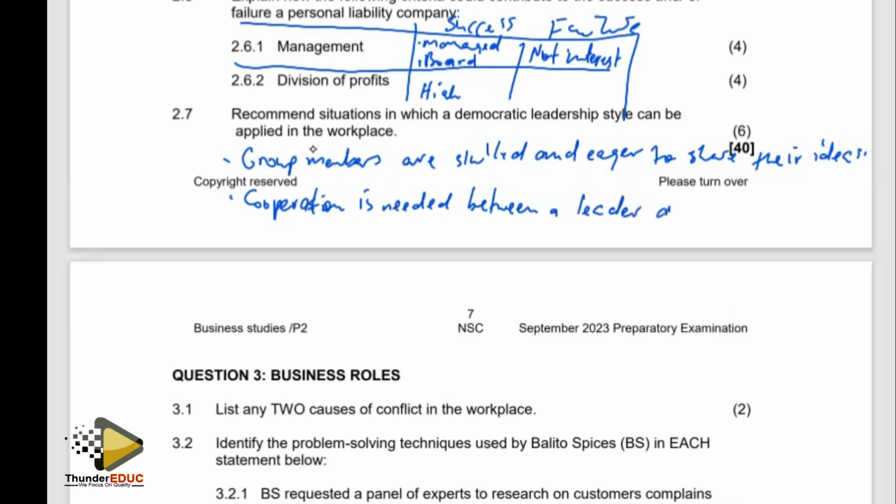And also, we are saying that decisions need to be looked at from several perspectives.